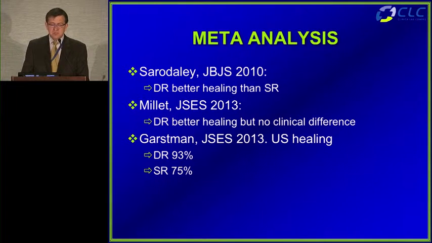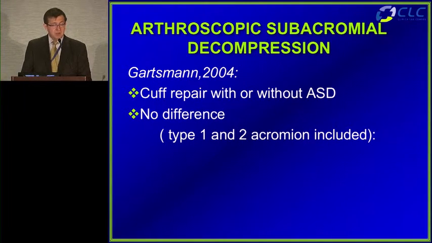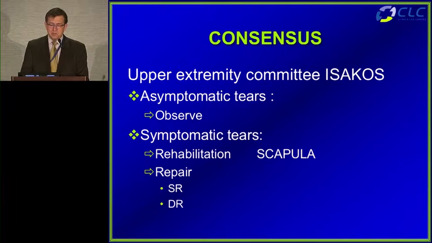Another meta-analysis showed the same, better healing, but no clinical differences when we compare double row to single row. For cuff repair with or without arthroscopic decompression, this study by Codman in 2004 showed no difference. Type 1 and 2 acromion were included.